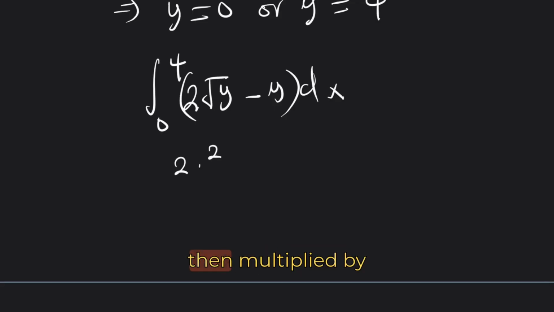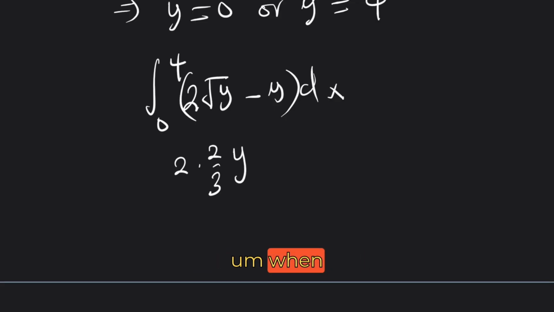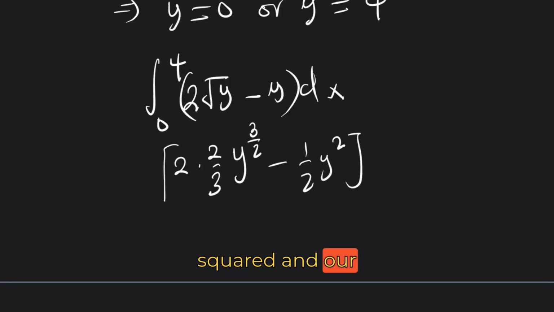This is just 2 outside, multiplied by 2 over 3 y to the power 3 over 2, because when we add 1 to one half we get 3 over 2, then minus 1 over 2 y squared, with limits from 0 to 4.